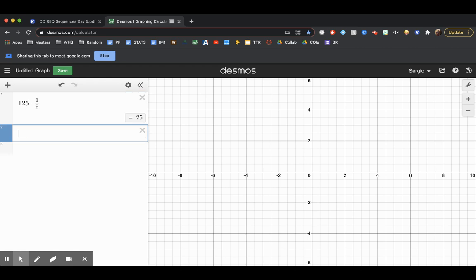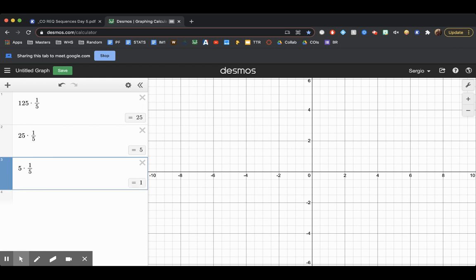Now 25 multiplied by 1 over 5 gives me 5, the next term in the sequence. 5 multiplied by 1 over 5 gives me 1. And 1 multiplied by 1 over 5 gives me 0.2, which as a fraction is 1 over 5.